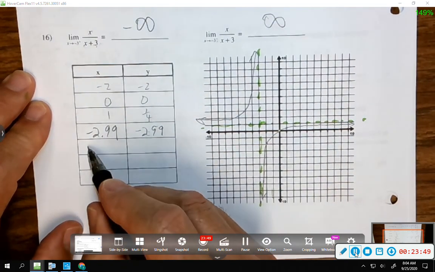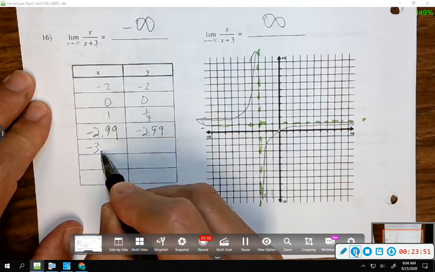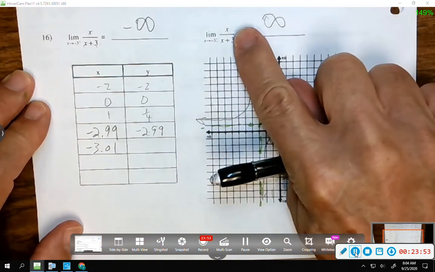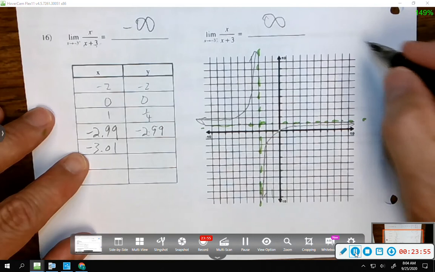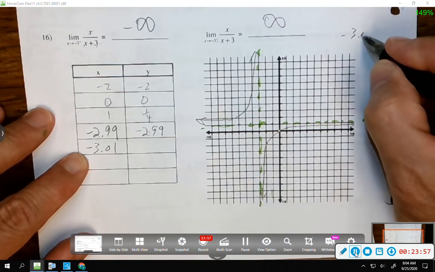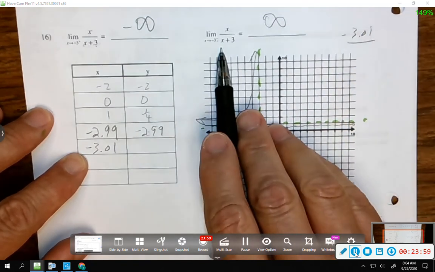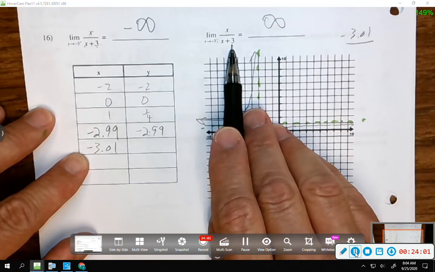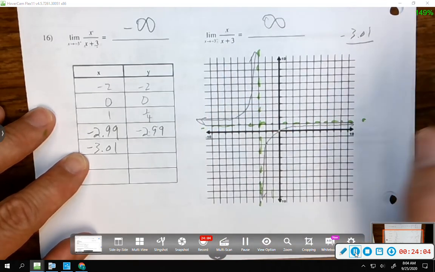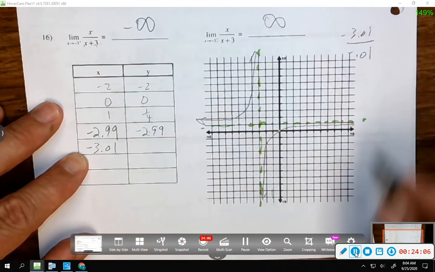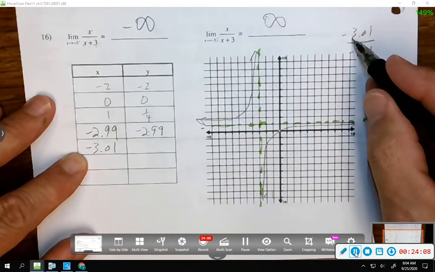But what if I pick a number that is to the left of negative 3, but really close to it? Now you've got to think in terms of decimals, but watch. Negative 3.01, I'll actually write it down. Negative 3.01 plus 3 is a negative 0.01. Negative over negative is positive.